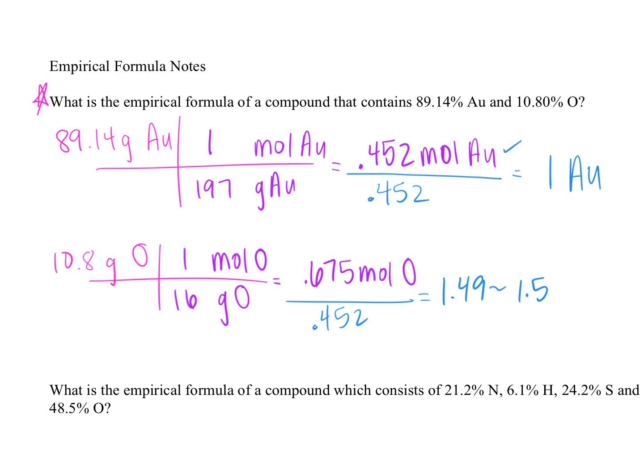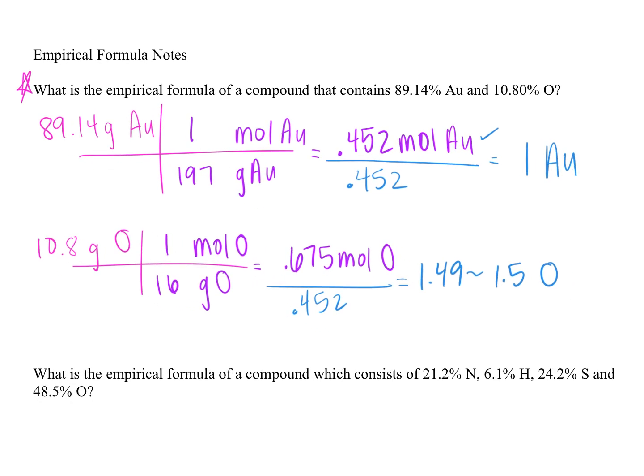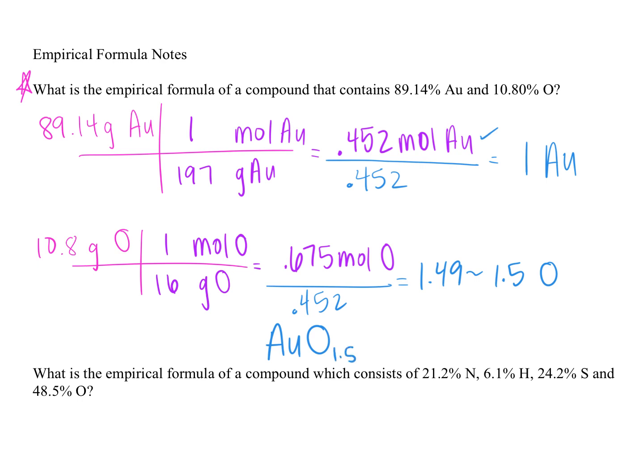Here's what would happen. If I was going to build my molecule, it would look like AuO1.5. Do we ever have molecules that look like that? No. So how do I keep the ratio the same but get them to whole numbers? I don't want to round it, because my ratio is not 1 gold to 2 oxygens. It's 1 to 1.5.